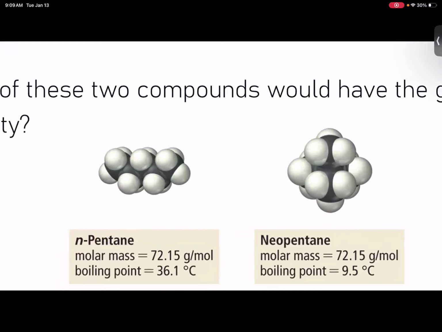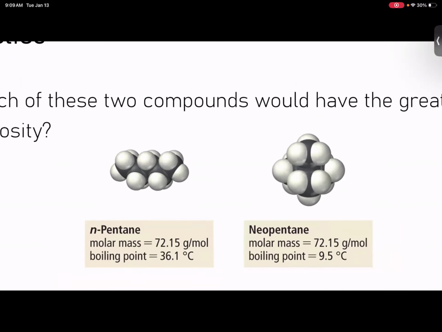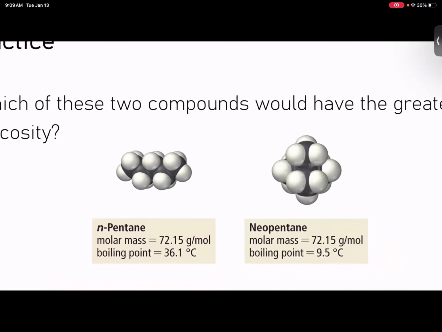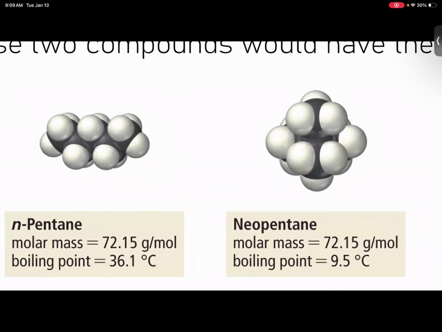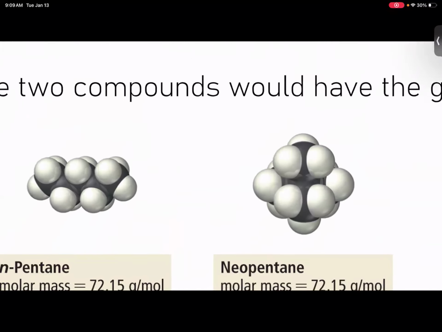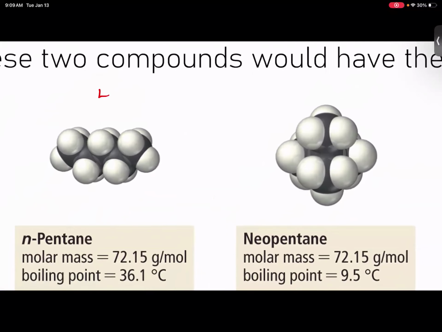So let's go back to two compounds we saw before. And let's figure out who would have the greatest viscosity. Who would be more resistant to flow? Would it be N-pentane or would it be neopentane? N-pentane. They both have London dispersion forces.